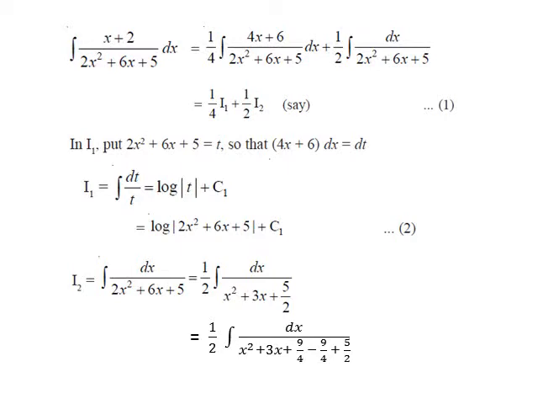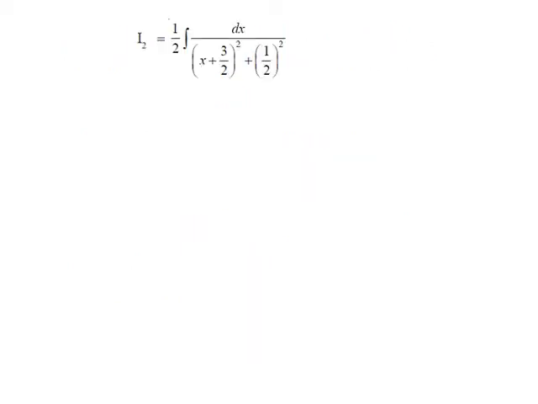In next step, write x square plus 3x plus 9 by 4 equals to x plus 3 by 2 whole square, and also simplify minus 9 by 4 plus 5 by 2. Now I2 is equals to 1 by 2 multiply integral of 1 upon x plus 3 by 2 whole square plus 1 by 2 whole square dx.